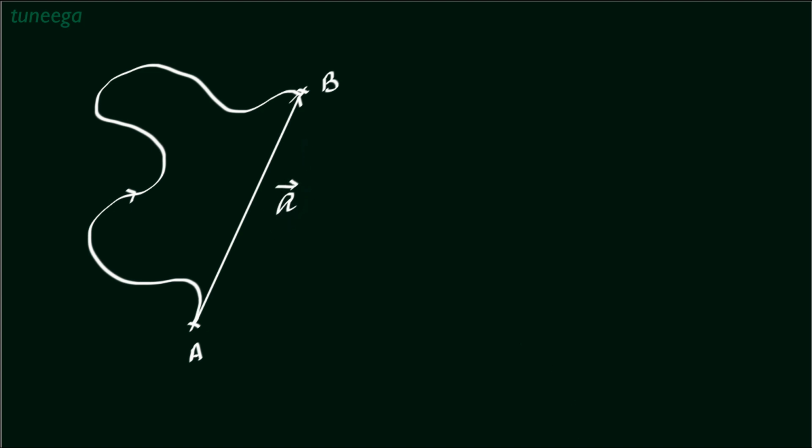Let's look at 2 or 3 more examples. Supposing I ask a student to displace a book by 1 meter north. So here is a book, and let's say the student is asked to displace it 1 meter north. One way to do it is to take the book straight up in the northern direction by 1 meter.